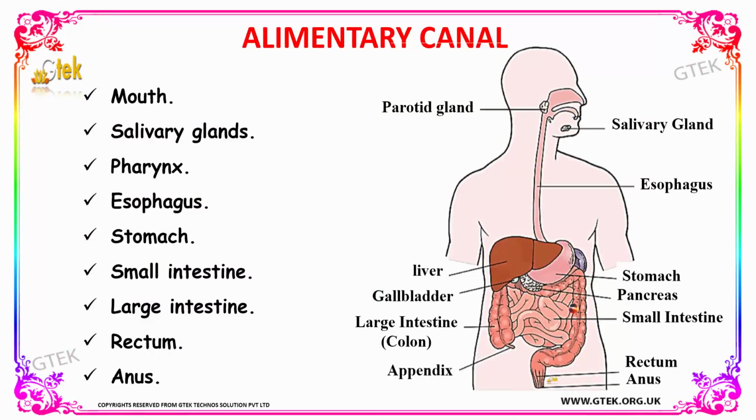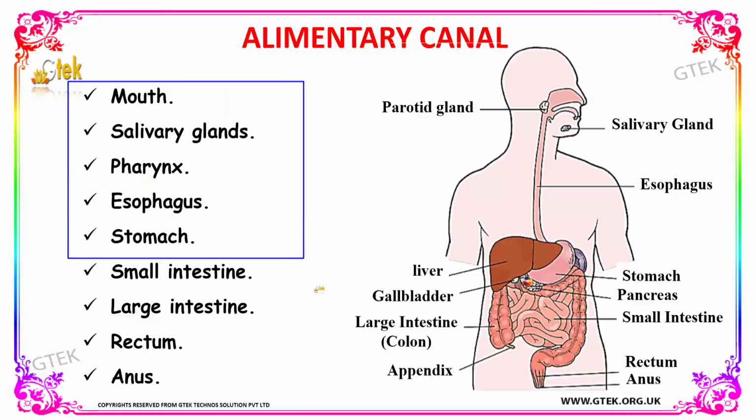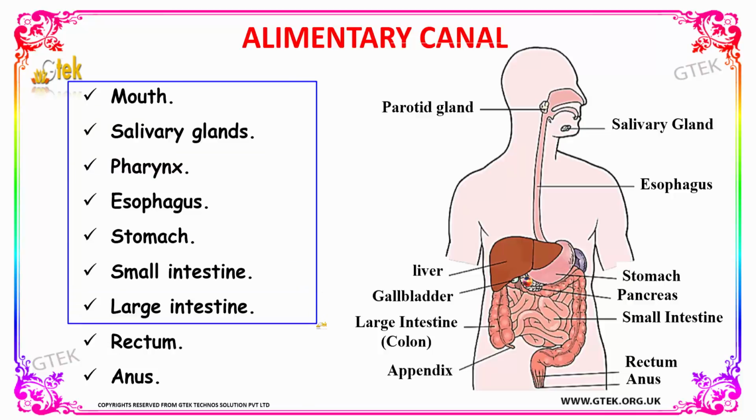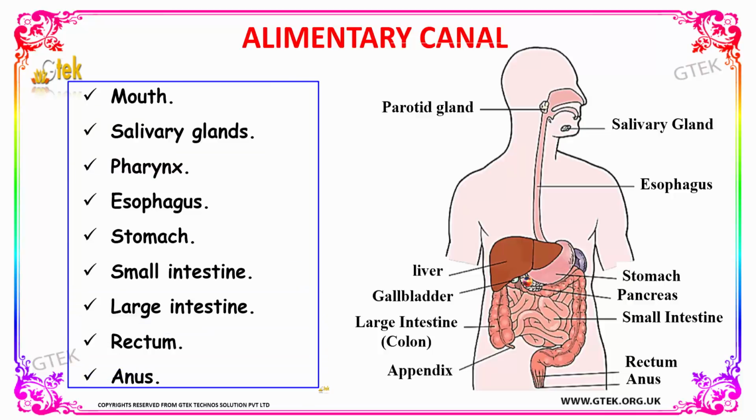Next we are going to see about the alimentary canal. Your alimentary canal includes the following parts: the mouth, salivary glands, pharynx, esophagus, stomach, small intestine, large intestine, rectum and anus.